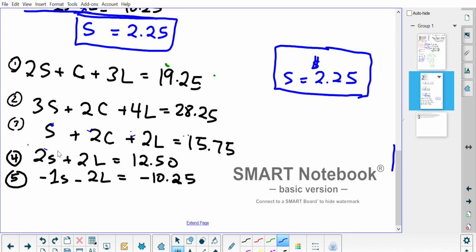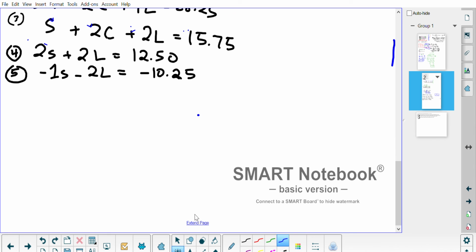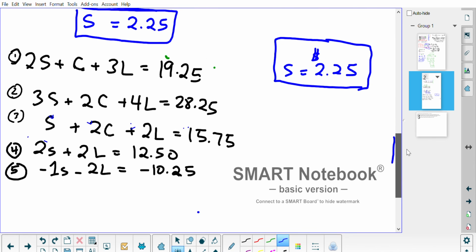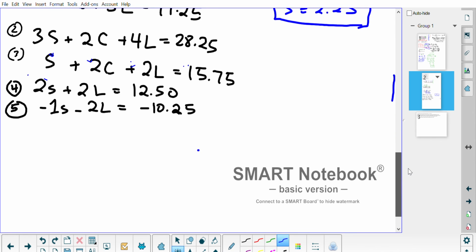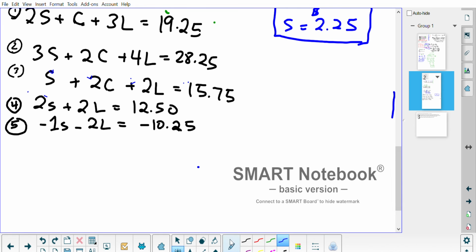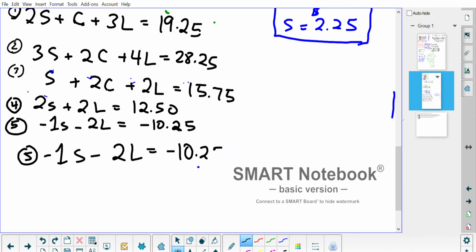So let's see. Oh, 4 and 5. 4 and 5 just have 2 variables. And if I replace the s's, I'll be able to find the L easily. So let's try to use equation number 5. That one has a negative 1s, so that should be easy to work with. So let's go ahead and rewrite equation 5. Negative 1s minus 2l is equal to negative 10.25.